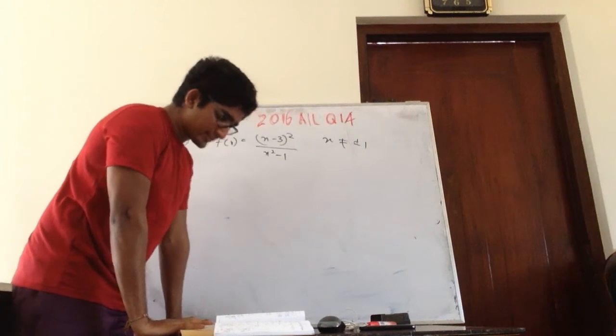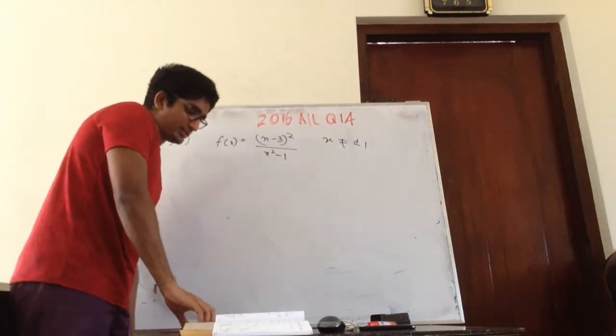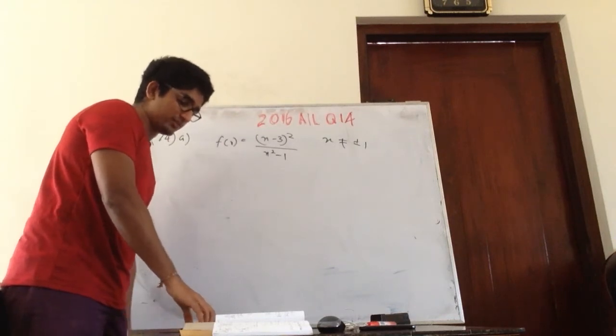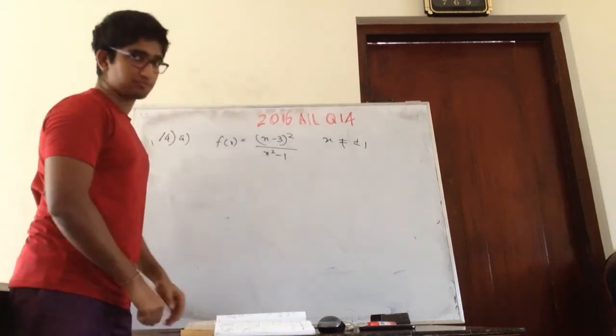So they are asking us to show that f dash x, the derivative of f(x), is given by the stated result.